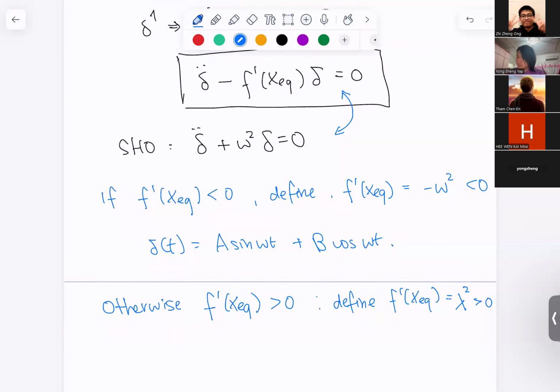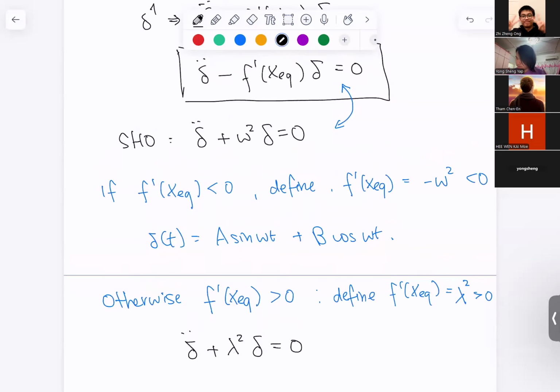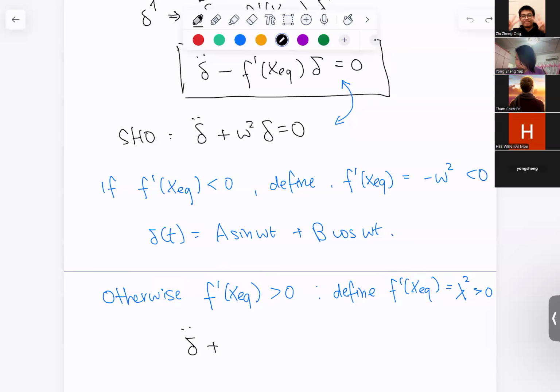So we have delta double dot minus lambda squared delta equals zero.